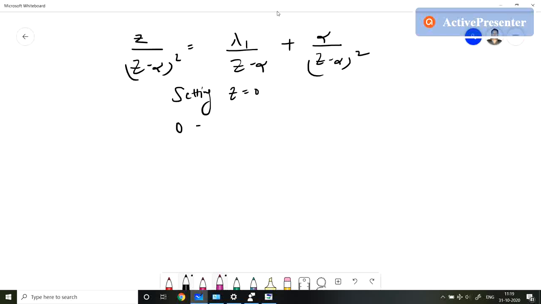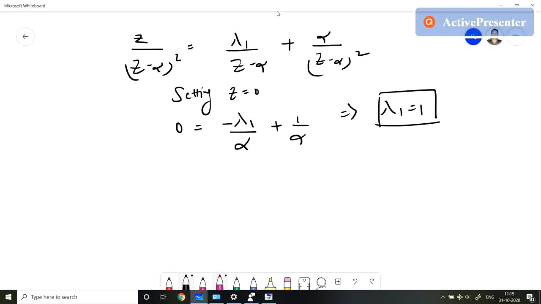So by putting z equals 0, we are getting 0 equals minus lambda 1 divided by alpha plus 1 divided by alpha, and lambda 1 we are getting 1. Our purpose is to find the value of lambda 1. So lambda 1 is 1, and lambda 2 we are getting alpha.